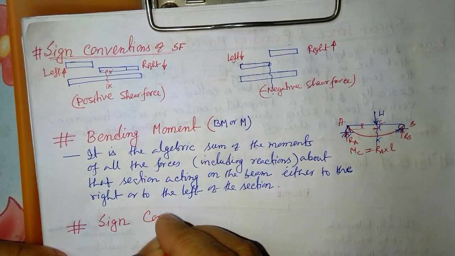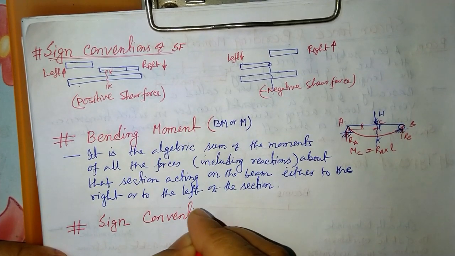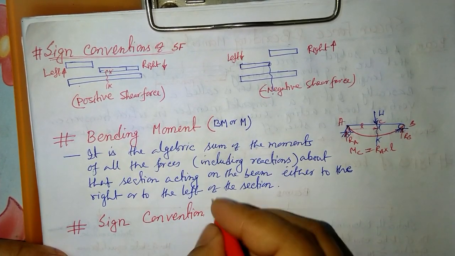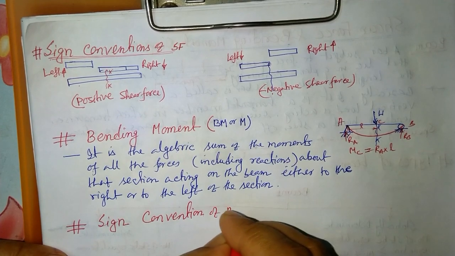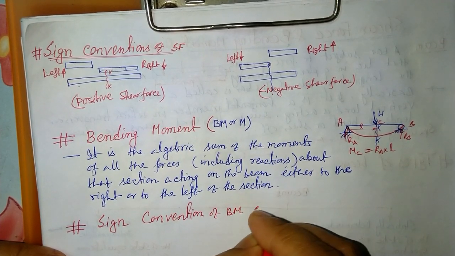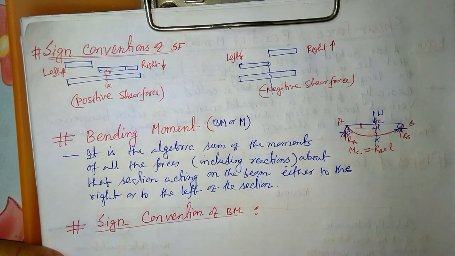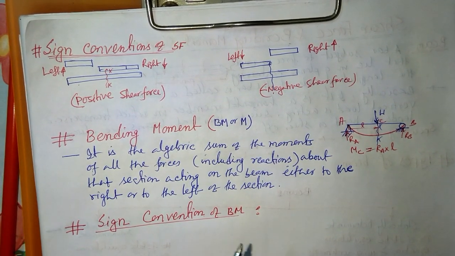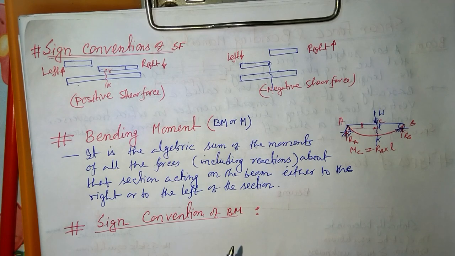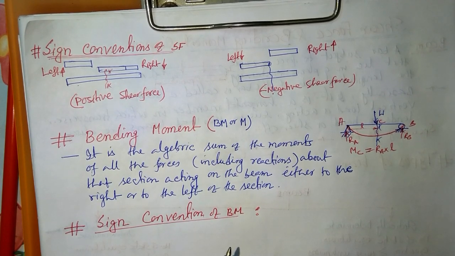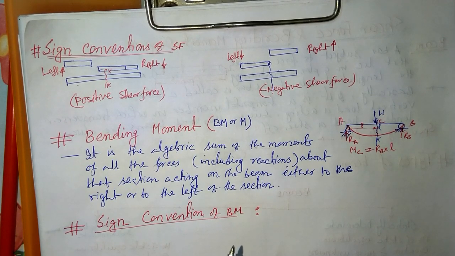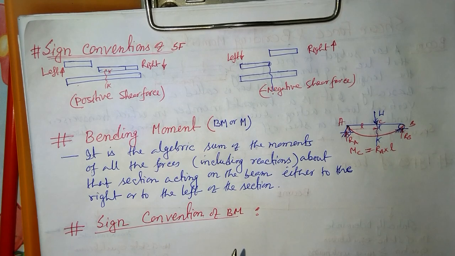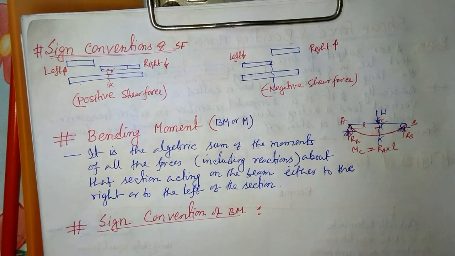Sign convention of bending moment. If the force tends to bend the beam so that it is concave upward, it is said to be positive, or vice versa.